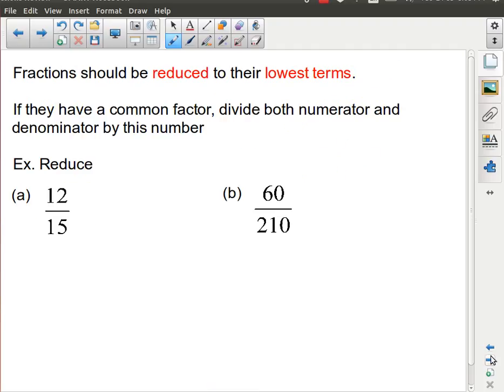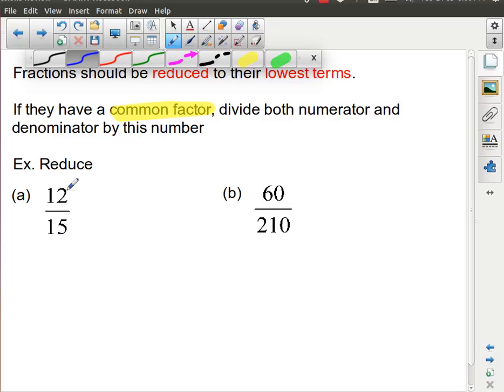Moving on. When you have a fraction, you really should be reducing your fraction to lowest possible terms. And the way that you do that is through the idea of a common factor. That's what we're looking for here. So when we're looking for a common factor, we are looking for a number that fits into both of these.